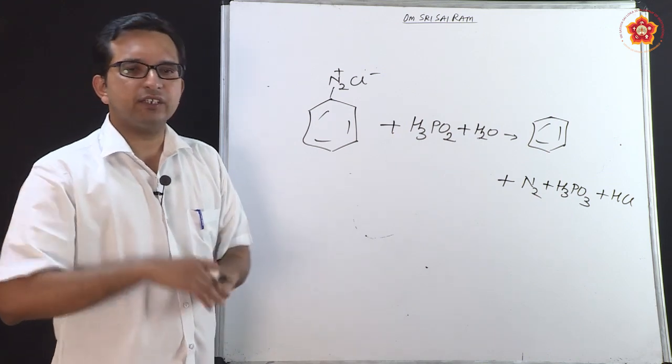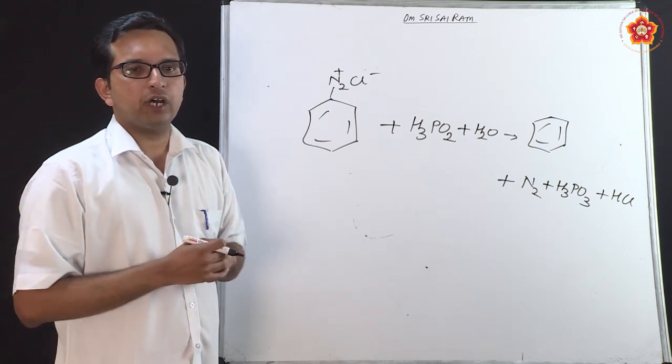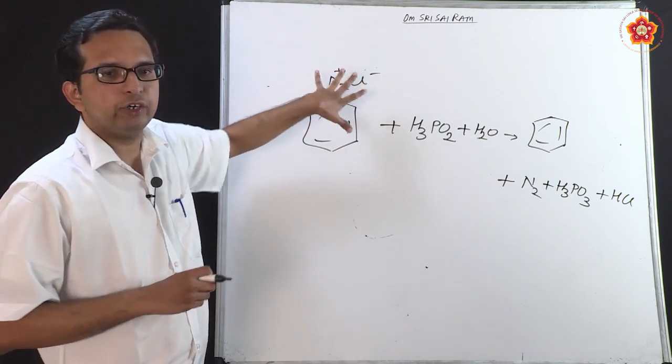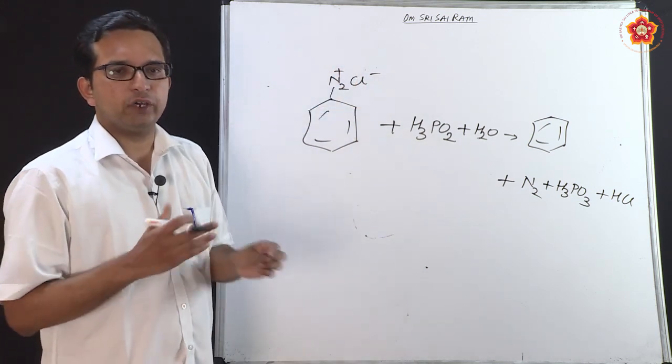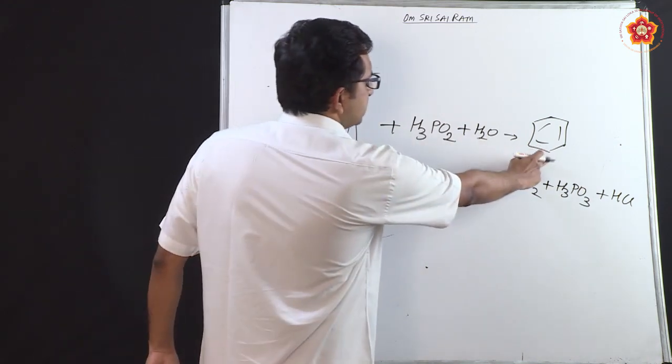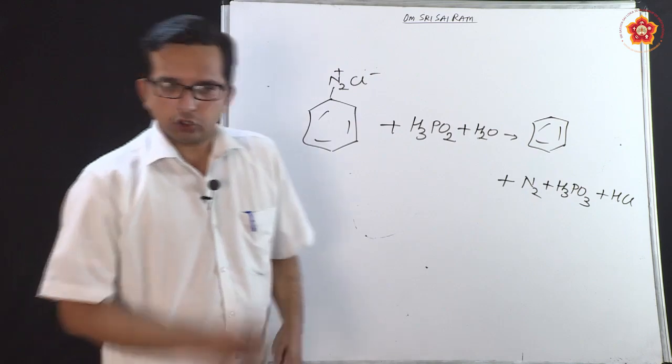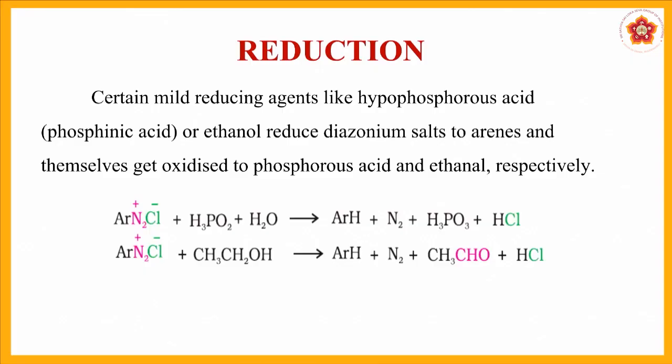This method you hadn't studied in the first year, where you studied hydrocarbons, because this compound was not introduced to you. But from a competitive exam point of view, this can also be one of the methods for preparation of benzene. Like the use of hypophosphorus acid, we have another method where we can use alcohols like ethanol, which can form the benzene compounds along with various byproducts like nitrogen gas, ethanal, which is an aldehyde, as well as hydrochloric acid. The problem is that we cannot use this reaction for aldehyde preparation because it comes as a mixture.